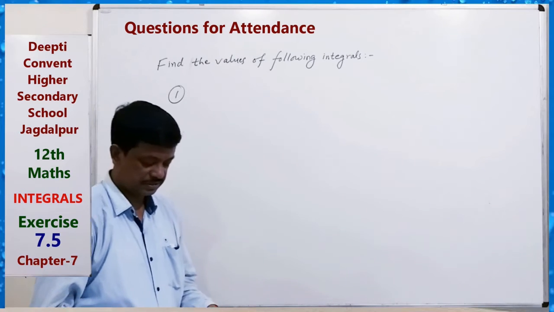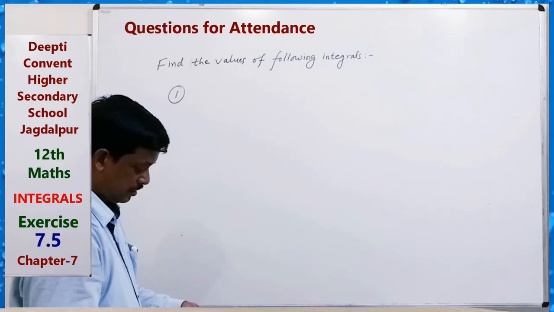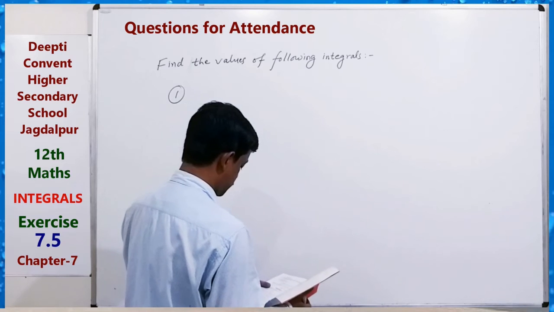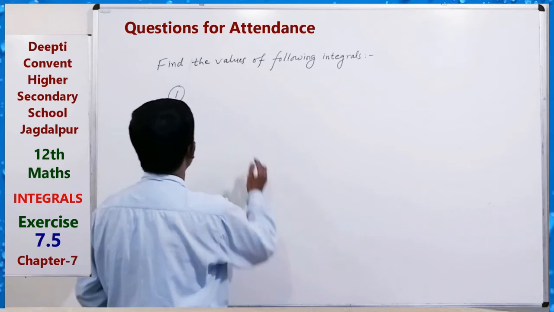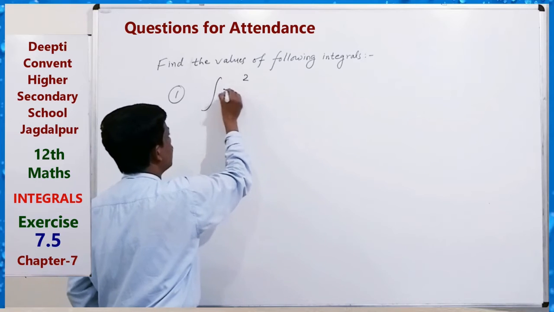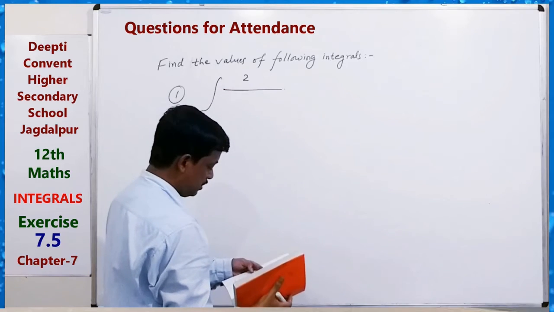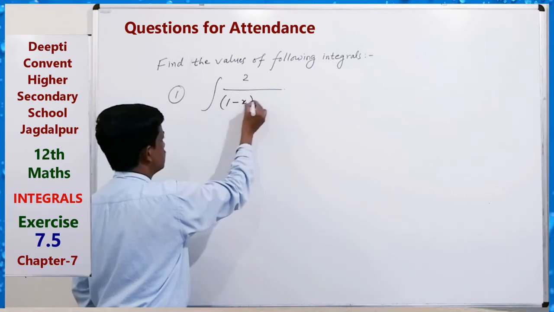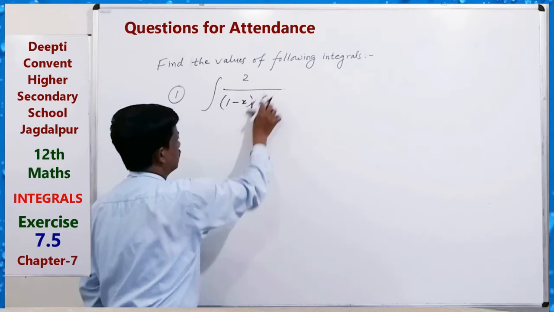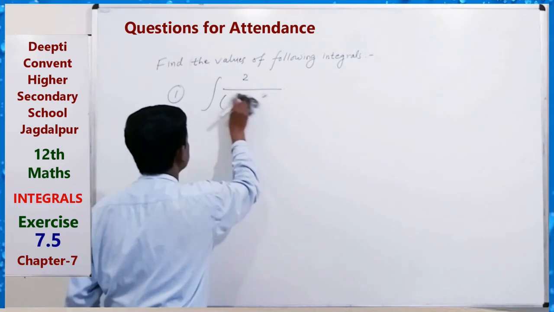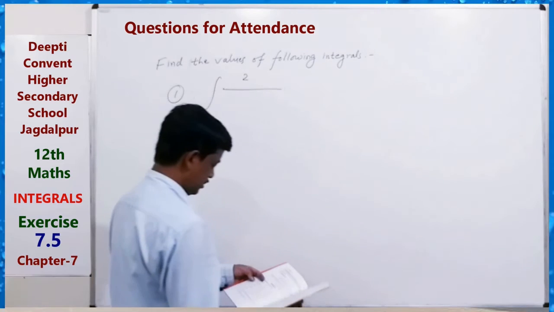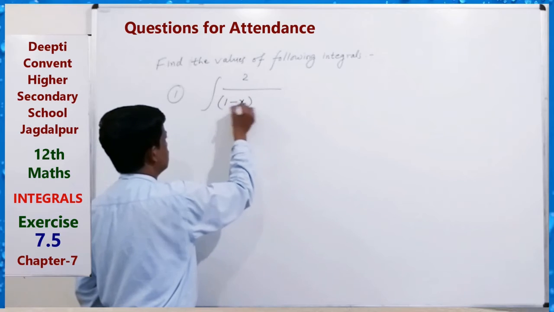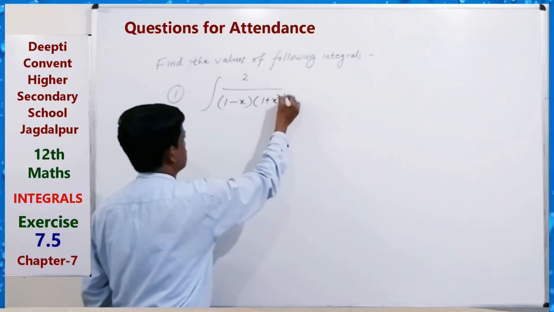First question is: integrate 2 by (1 minus x)(1 plus x) square dx.